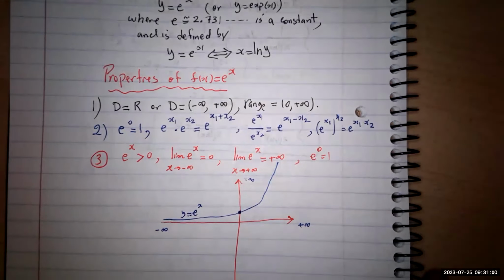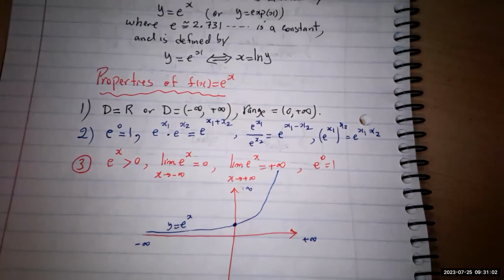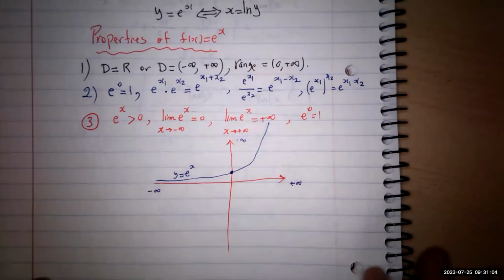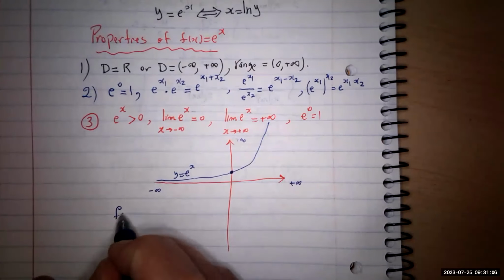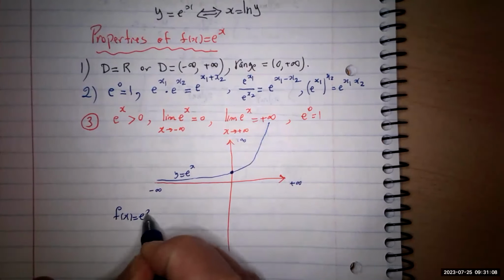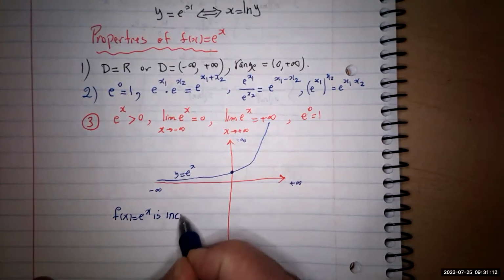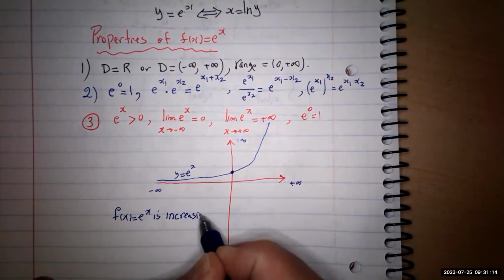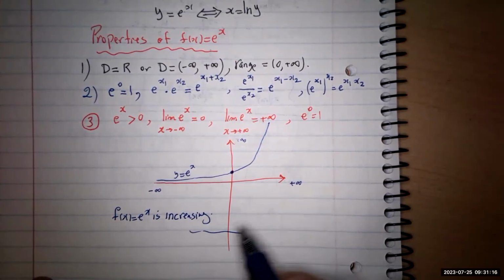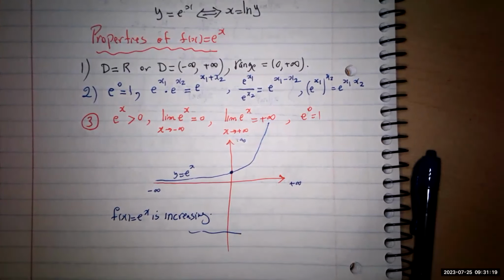Okay, so it's an increasing function. So f of x equal to e to the x is increasing. Or we say it's exponentially increasing. It's like, when you put money in the bank, you would like your money to get bigger and bigger, the amount.